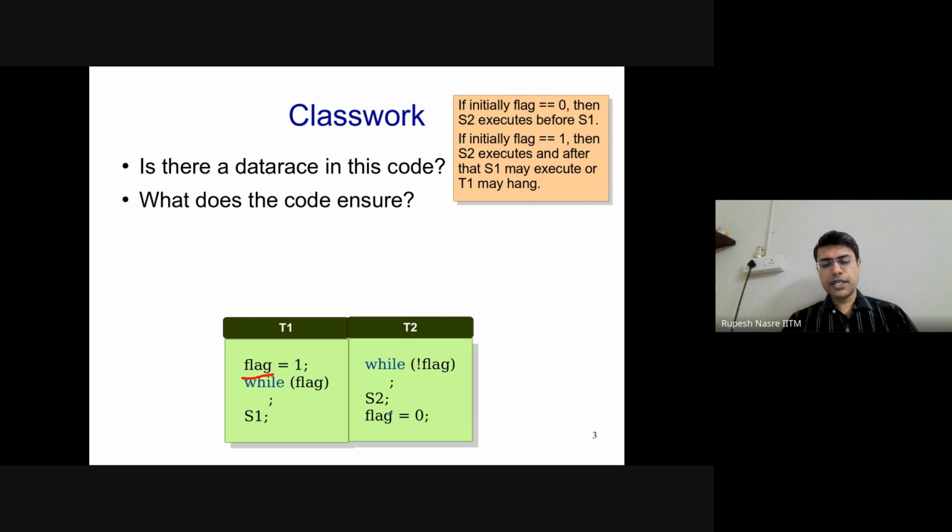If it got scheduled after flag equal to 0, then it will set flag equal to 1 and it will get stuck there. But if it does flag equal to 1 first and then flag equal to 0 happens by T2, then this condition will become false and S1 will start executing. So depending upon how the scheduling is, this is what the program is currently doing.